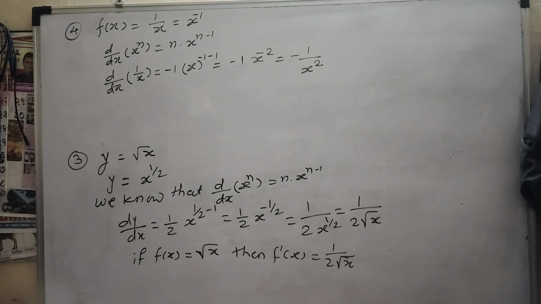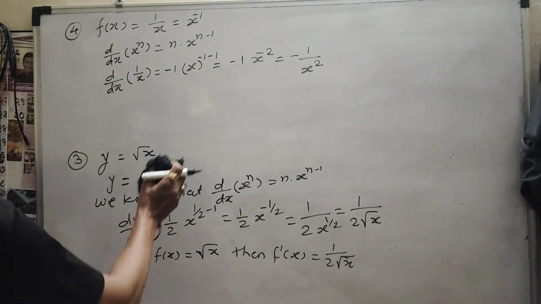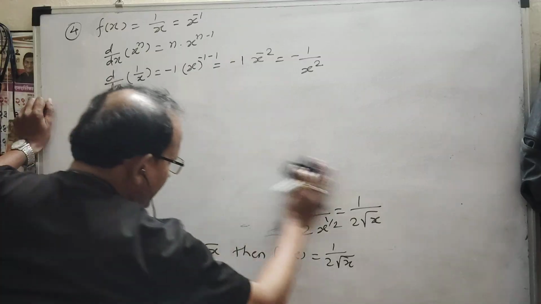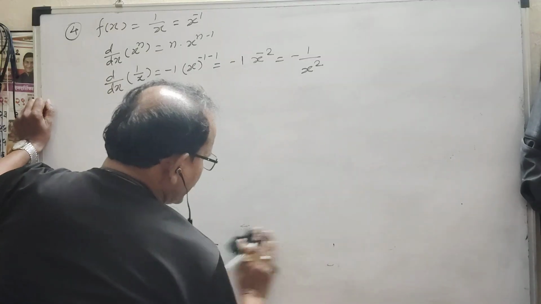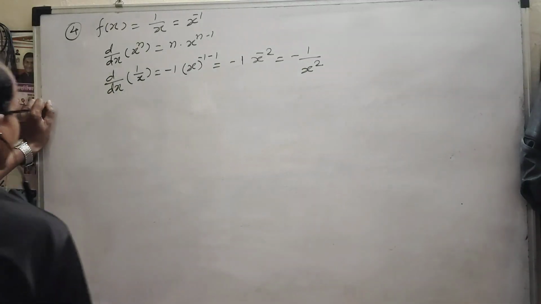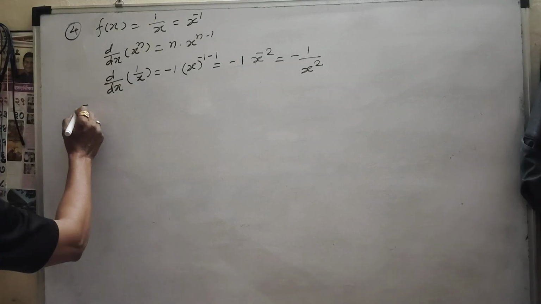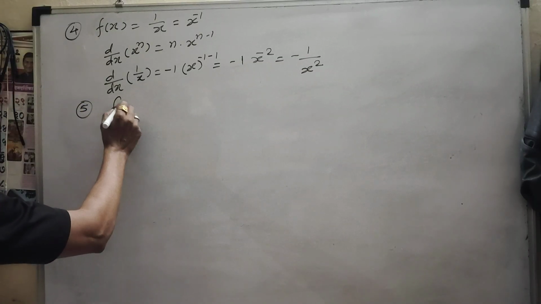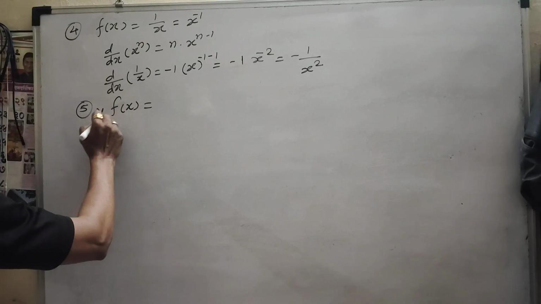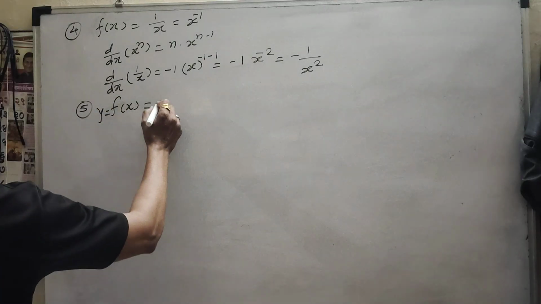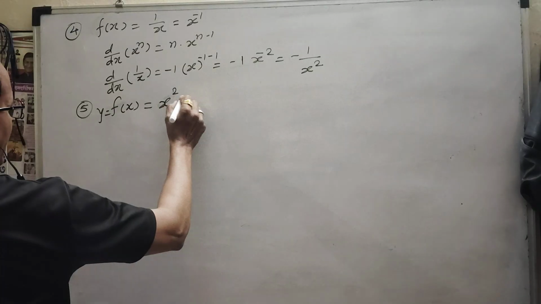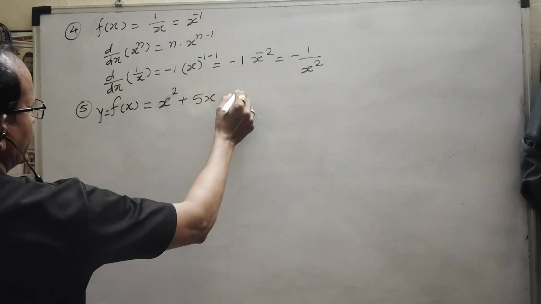Yes. So suppose any linear equation, these are the linear equation, but quadratic equation, how to find derivative? Suppose here is f of x is equal to, y is equal to any one, x square plus 5x plus 7.